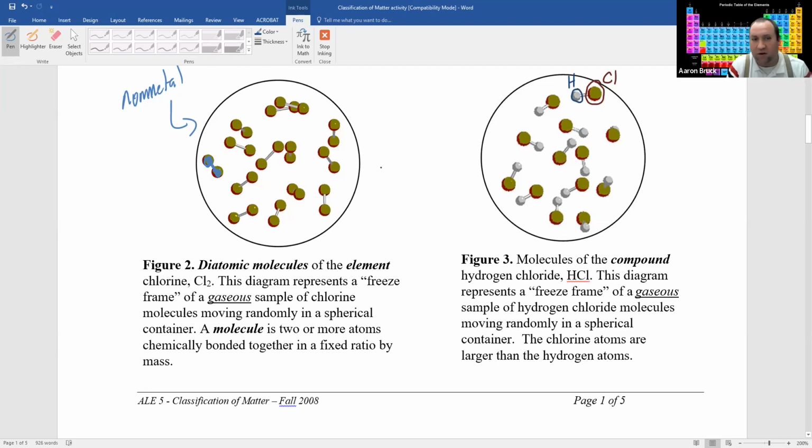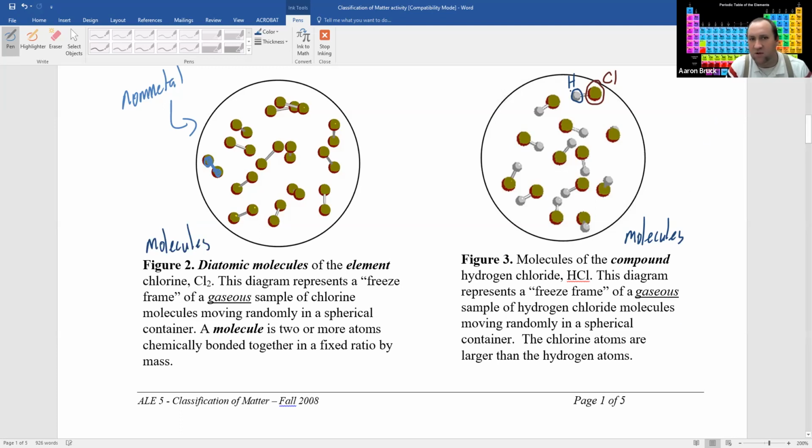Now they're held together in the same kind of way that these nonmetals are in this elemental molecular sample. So we would call these molecules as well, just like we call these molecules.